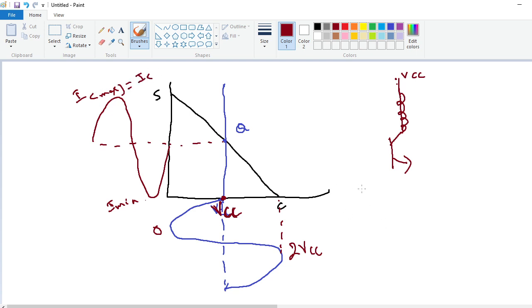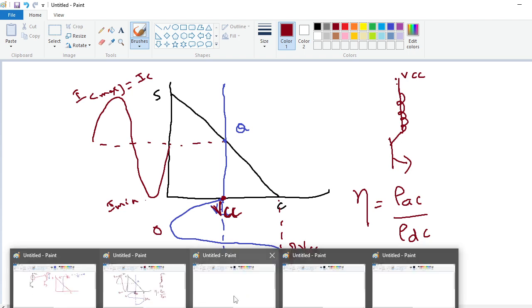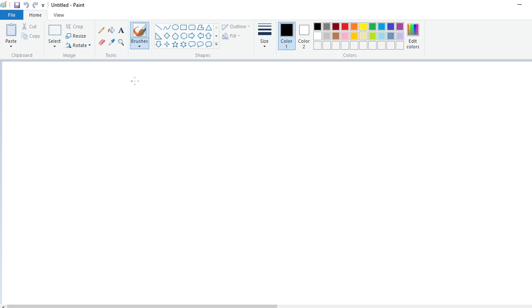So what is efficiency? Efficiency is equal to the ratio of output power to the input power. A power amplifier is basically a power converter which converts DC input power into AC output power. So how to calculate that AC power? AC power is equal to Vm by root 2 into Im by root 2.